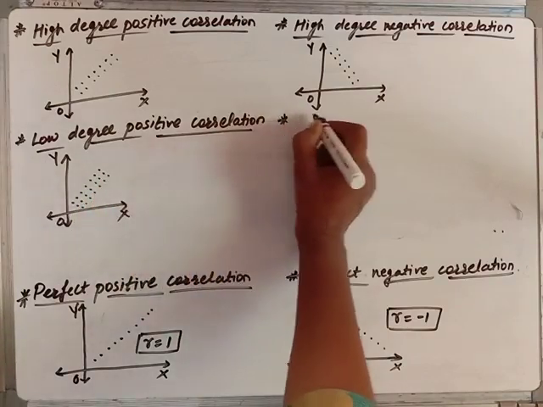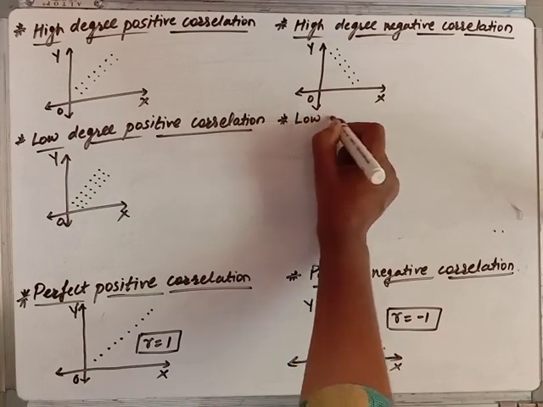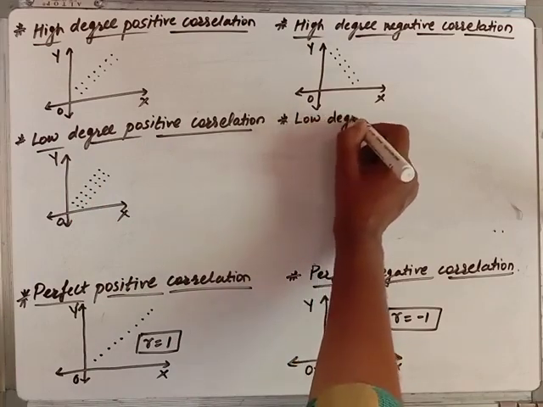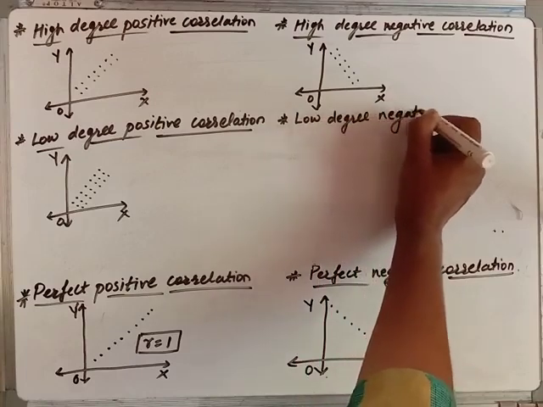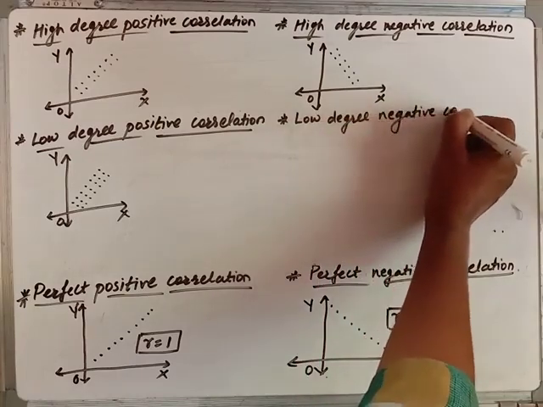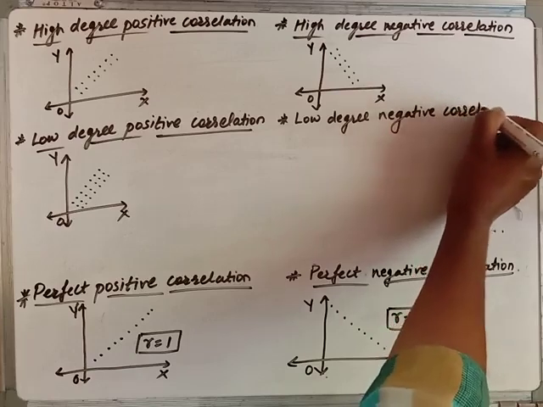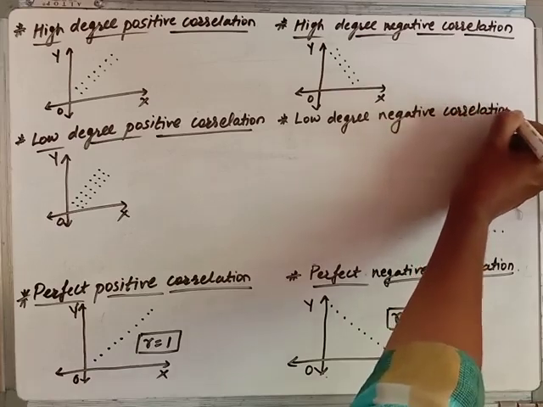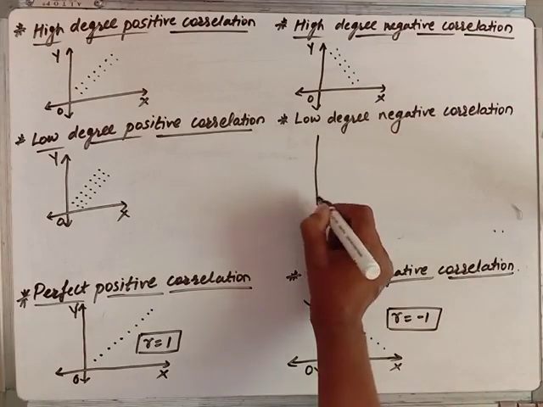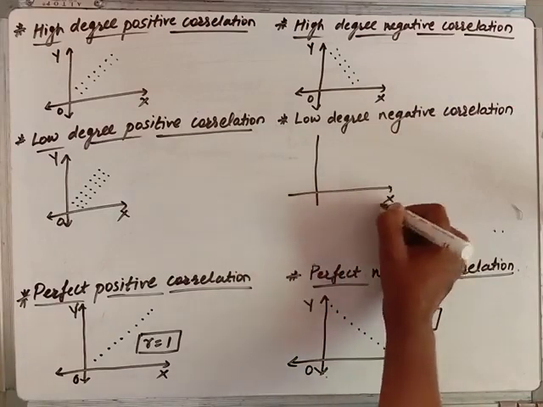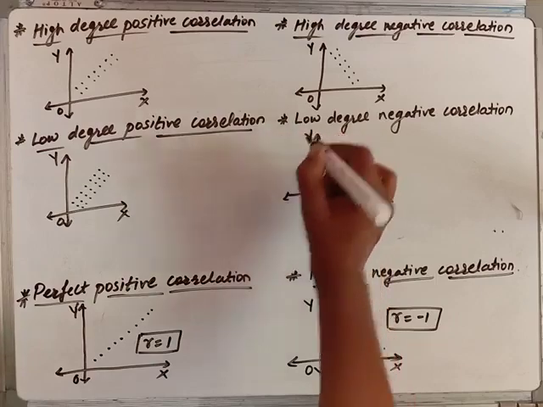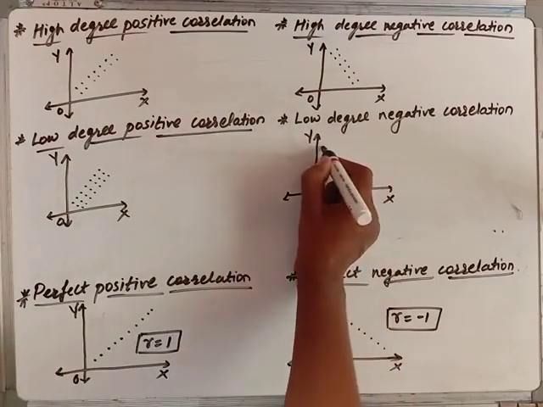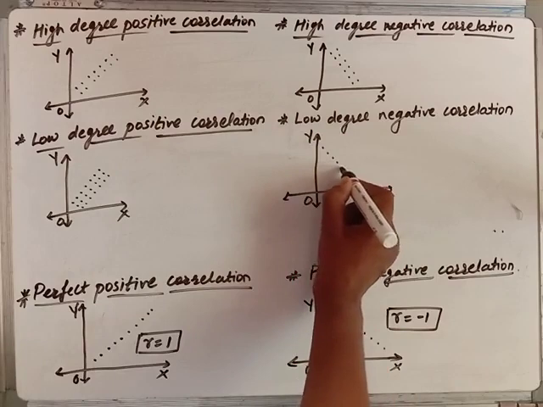Now low degree negative correlation. Obviously it will be as such.